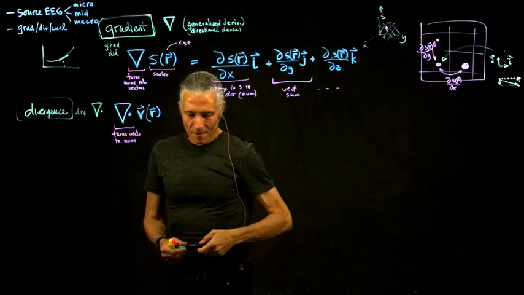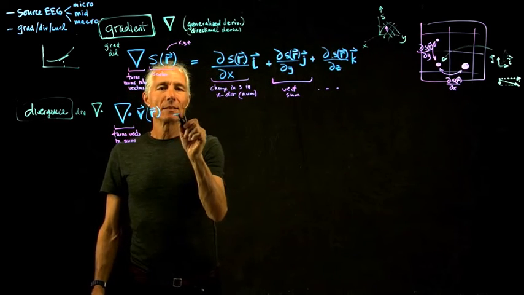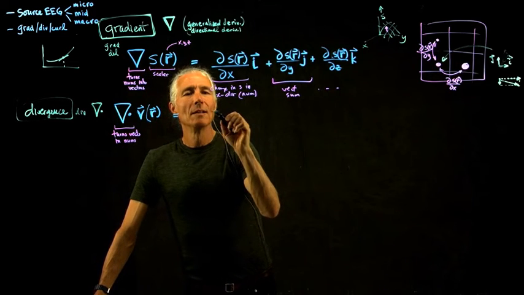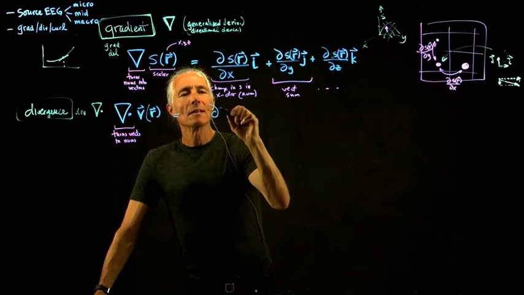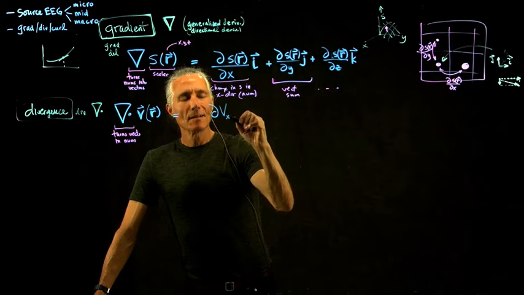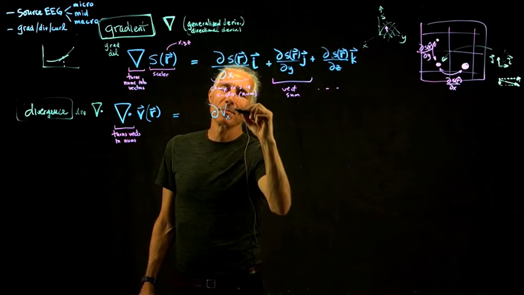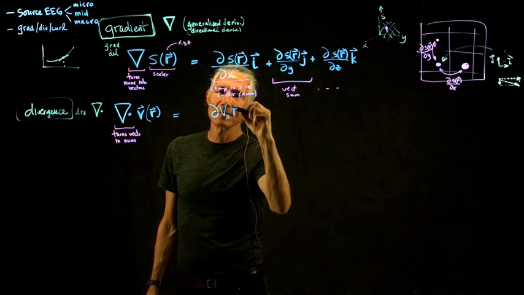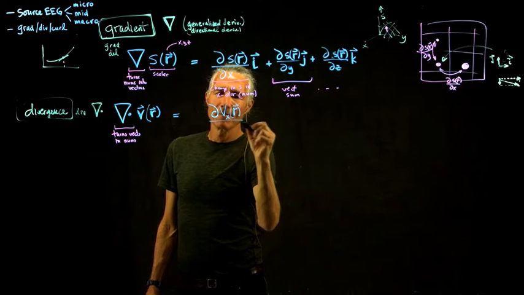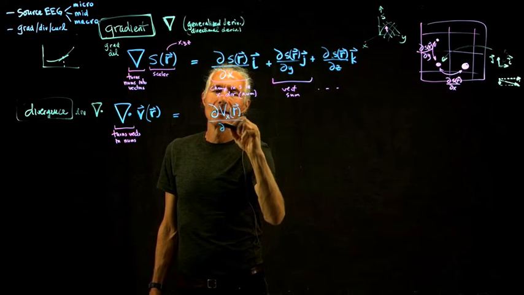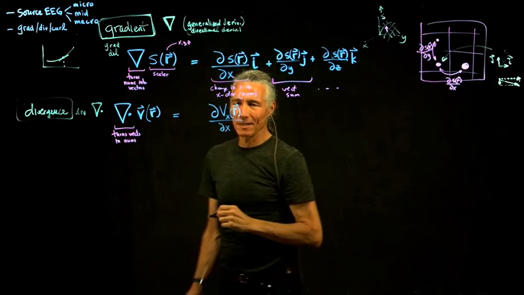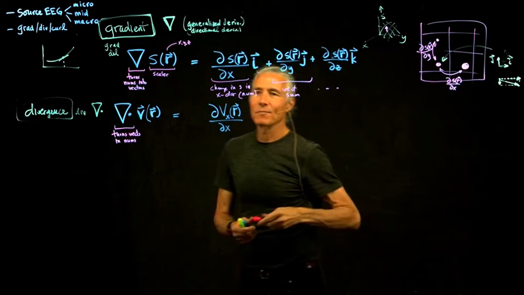And so this one is equal to the x component of the vector at a point. That's what that Vx means, moving in the x direction. So what does that mean in words?